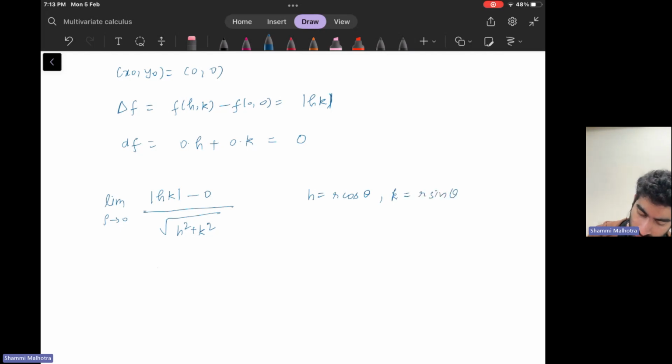So this limit will be the same as the limit r tending towards 0 of r square mod cos theta sin theta, all divided by r only, right? So this is just the limit r tending towards 0 of r times mod cos theta sin theta. This is 0 only, because cos theta and sin theta are bounded.